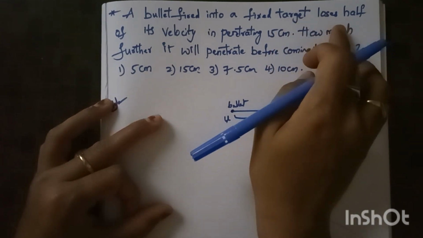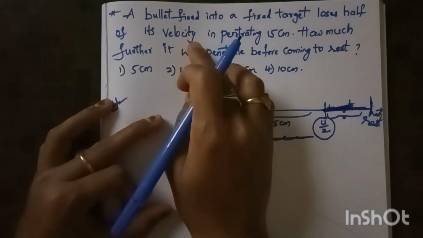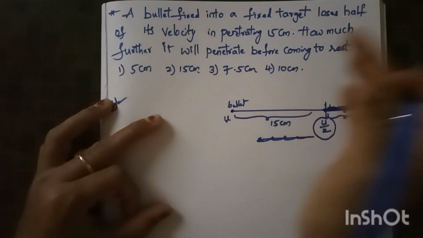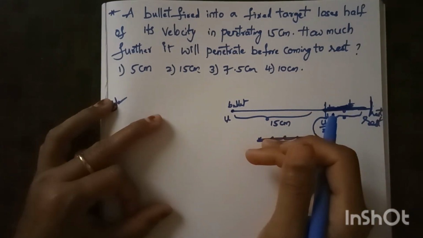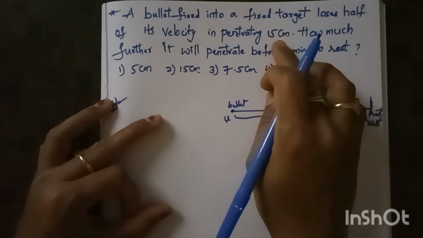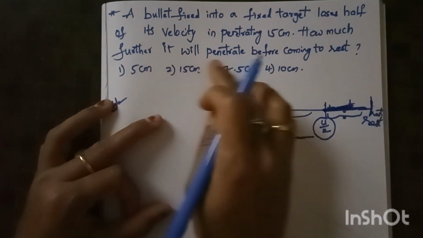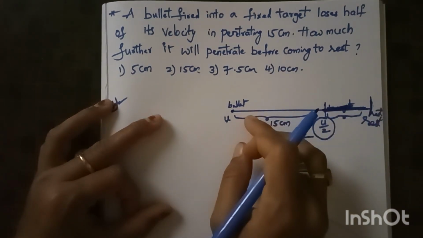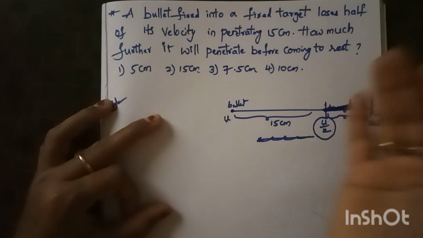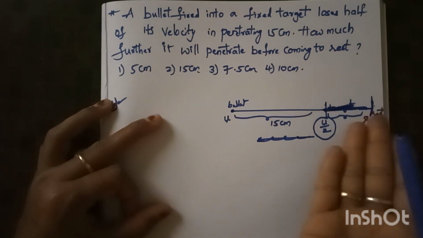It loses half of its velocity by penetrating 15 centimeters. How much further will it penetrate before coming to rest? So how much distance will it penetrate, after losing half of its velocity, before coming to rest?